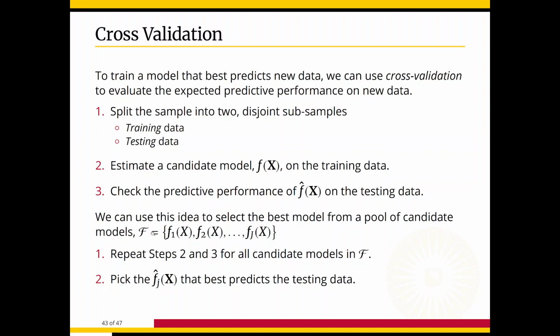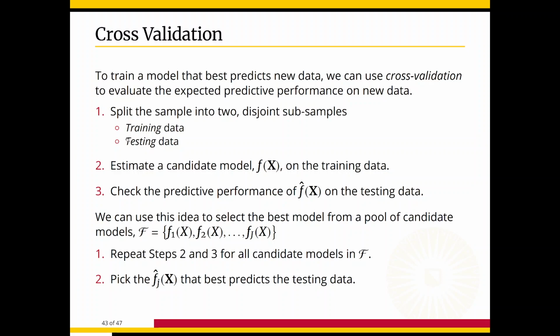So we're going to have some set of models that we want to compare. In this case, we're denoting that set as script f, and that's going to be just j models, an arbitrary number of models. Doesn't really matter, however many we want to compare. And the idea is, again, quite straightforward. We just repeat steps 2 and 3 up here for every one of our models. So we split the data once.